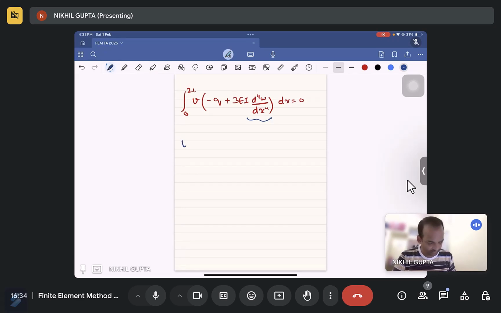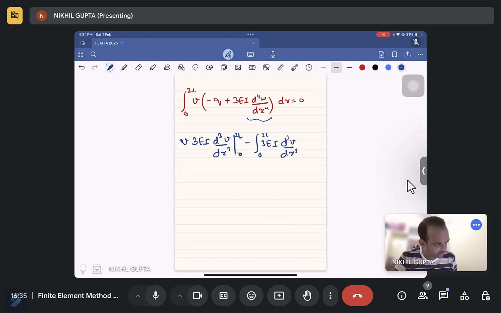So what we'll get is v 3ei d cube v by dx cube from 0 to L, minus integral 0 to 2L of 3ei d cube v by dx cube dv by dx dx. So you see there is an integration again here, and we need to solve this again by integration by parts.